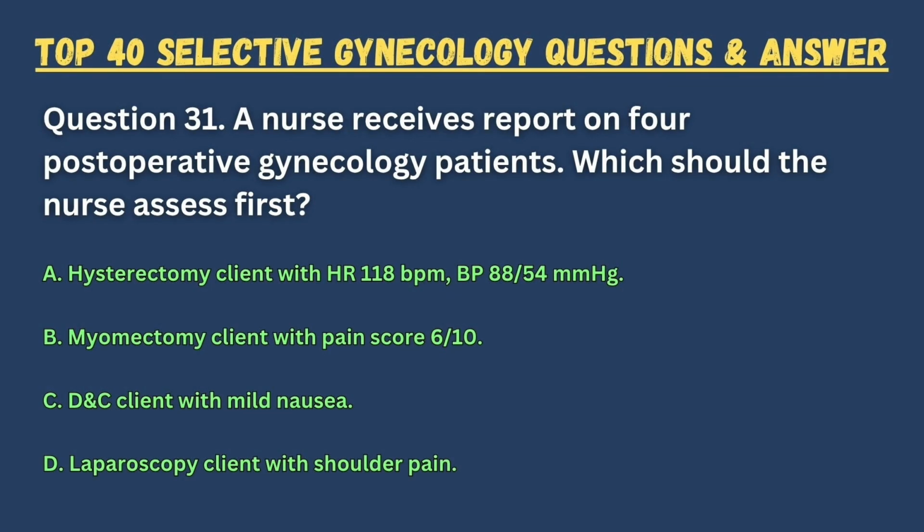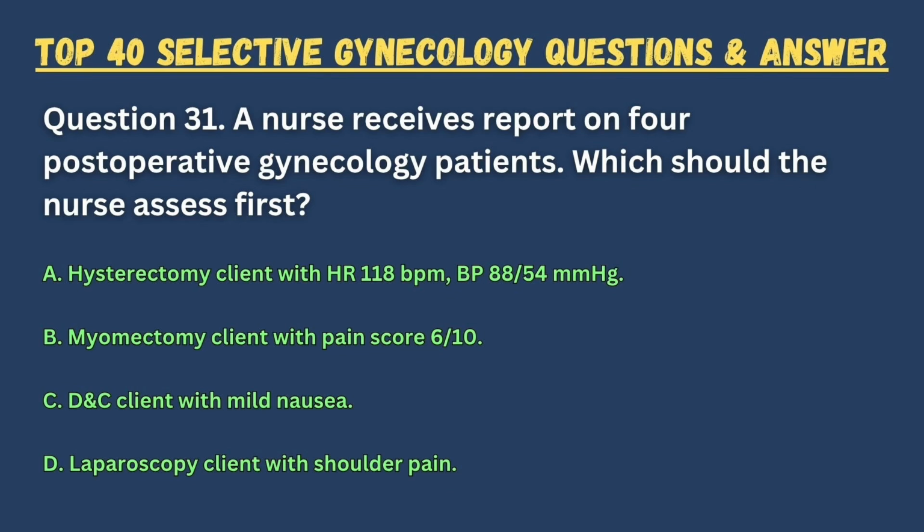Question 31. A nurse receives report on 4 postoperative gynecology patients. Which should the nurse assess first? A. Hysterectomy client with HR 118 bpm, BP 88 over 54 millimeters of mercury. B. Myomectomy client with pain score 6 out of 10. C. D and C client with mild nausea.